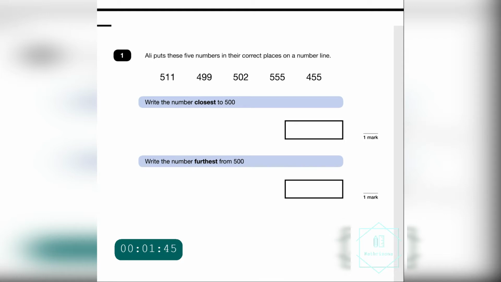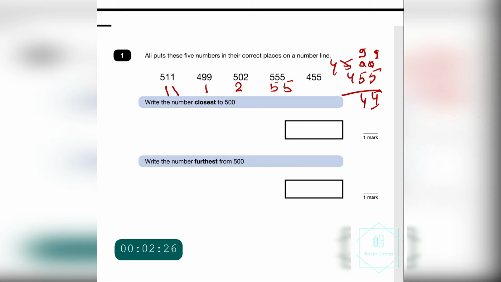To find those numbers, we can see on the number line the difference between 500 and each number. For the first number, 511, it's 11 after 500. For 499, it's 1 on the back side, and for 502 it's 2 on the front. Here it's 55, and we can calculate the difference if we can't do it orally. Nine 5s are 45, and ten 5s are 50.